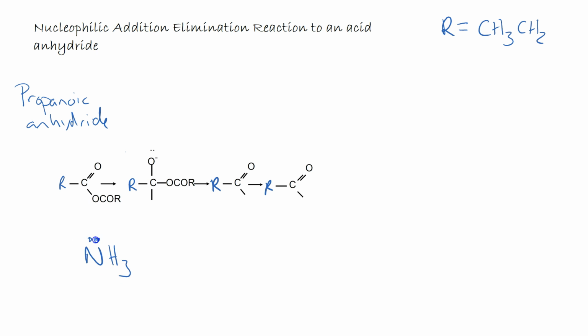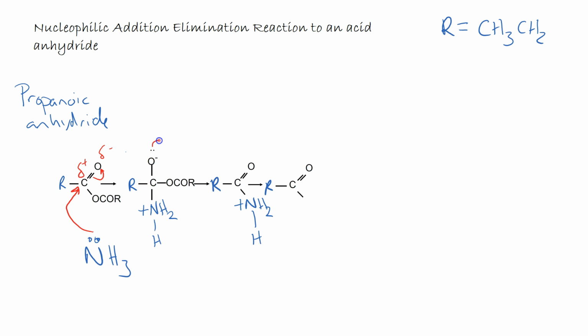So the first step is for the lone pair of electrons on the nitrogen to attack the delta positive carbon, and those electrons from the double bond oxygen to go onto the oxygen. In this we then form the intermediate with the negative charge on the oxygen and the lone pair of electrons, and again the positive charge on the nucleophile.